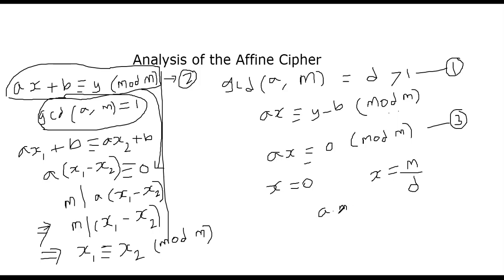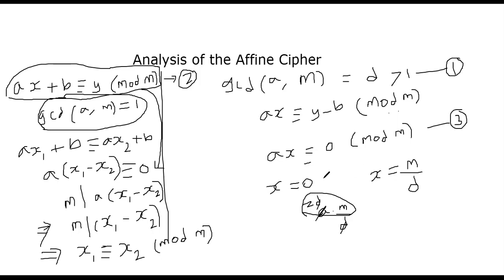But a itself is a multiple of d because we know GCD of a, m is d. That means I can replace a by some z times d, so this d and this d will cancel out. What you're left with is a multiple of m. When you do mod m, you'll get 0.